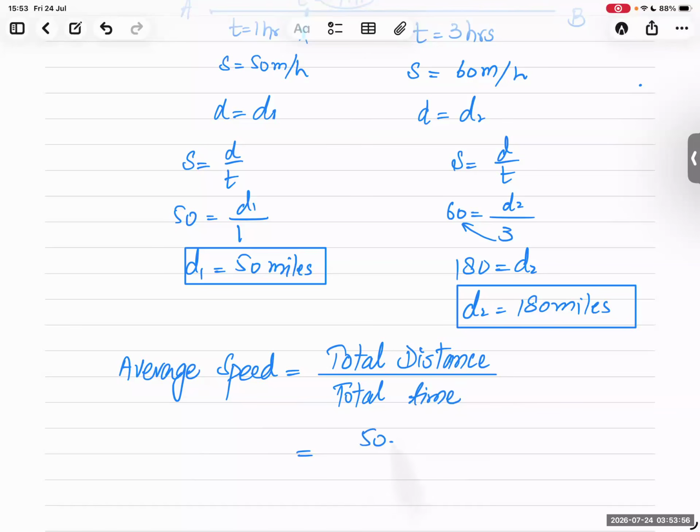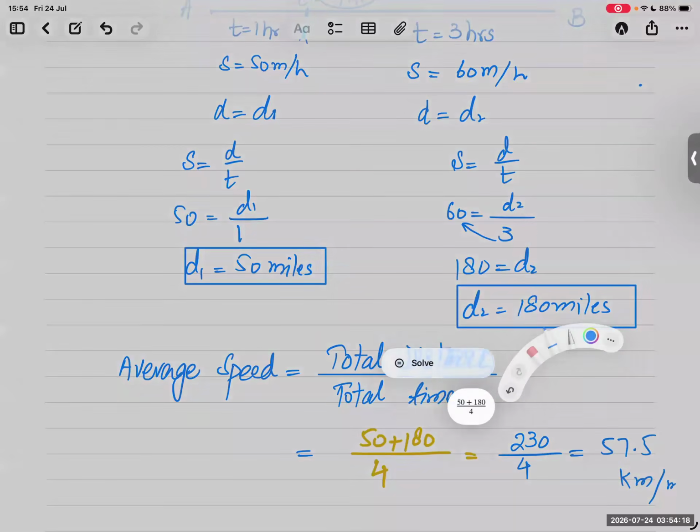So total distance is 50 plus 180, 230. Total time would be 4 hours, right? Divided by 4. That gives us 57.5 miles per hour, sorry.